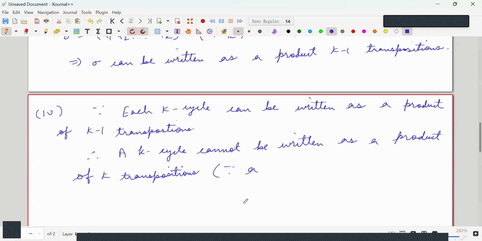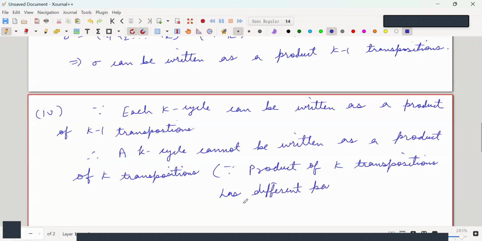Means a product of K transpositions has different parity from a product of K minus 1 transpositions.